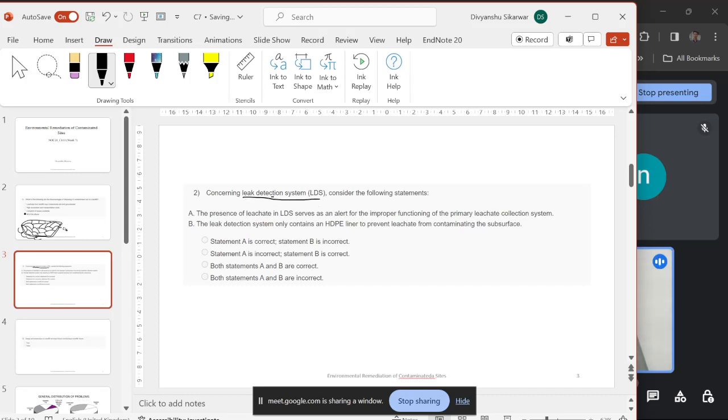Are you aware of the leakage detection system, LDS, in landfills?